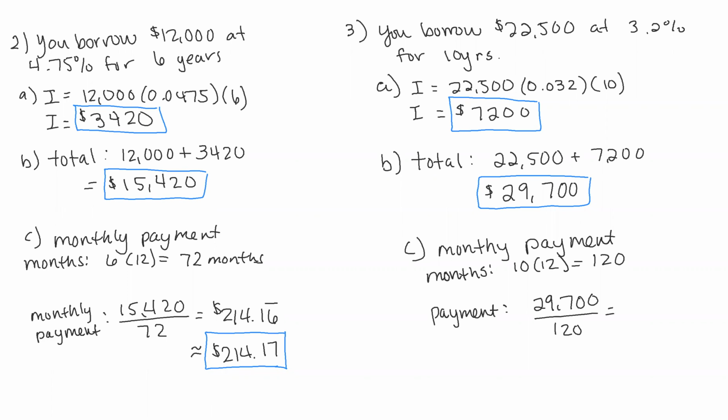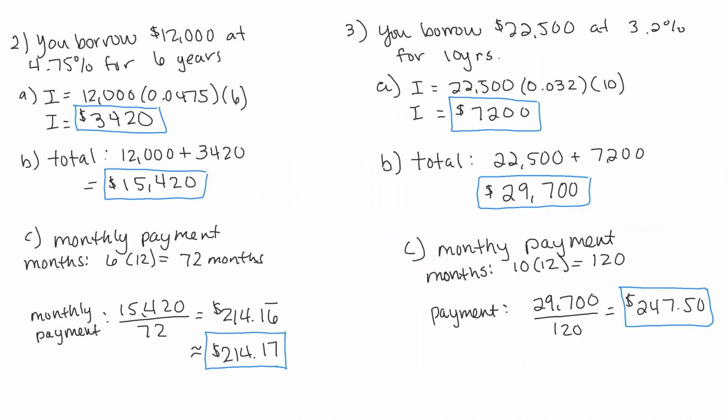So we get 29,700 divided by 120. And in this case, we get a nice pretty number. Our monthly payment is going to be $247.50.